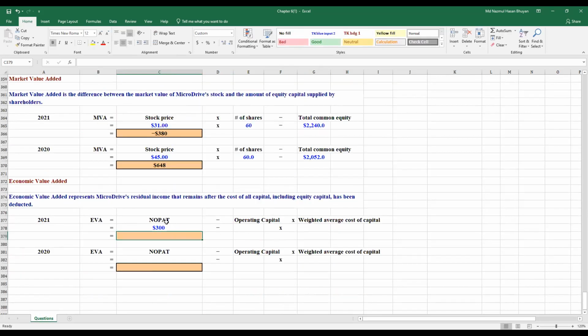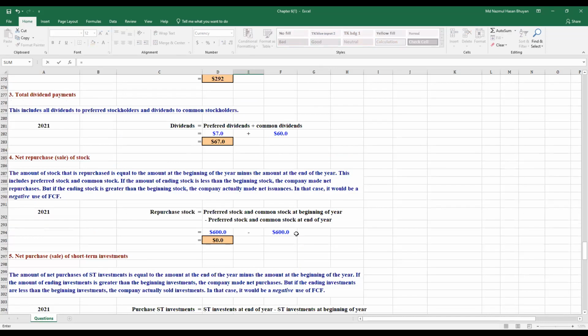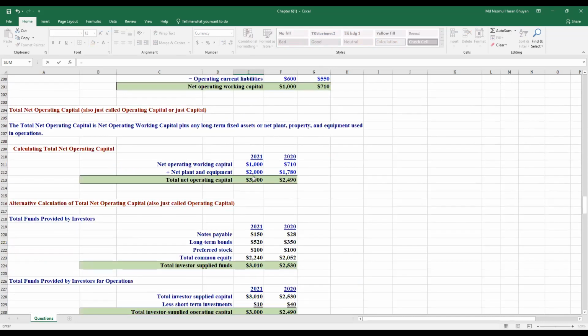Now, let us reduce our net operating profit after tax by the cost of capital to get our residual income. So, to get cost of capital, we are going to apply weighted average cost of capital over our net operating capital. Our net operating capital in the year 2021 is 3,000.